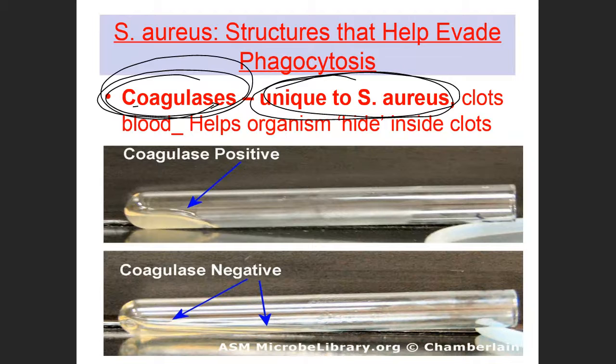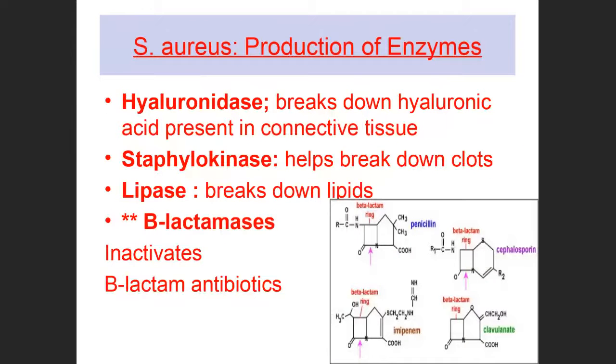And in a matter of hours, maybe 8 hours or so, the enzyme would have clotted the plasma, versus no clot, which means no Staph aureus. So the presence of coagulase tells you that you have a Staph aureus, and not only that, but you have a pathogenic strain of Staph aureus.